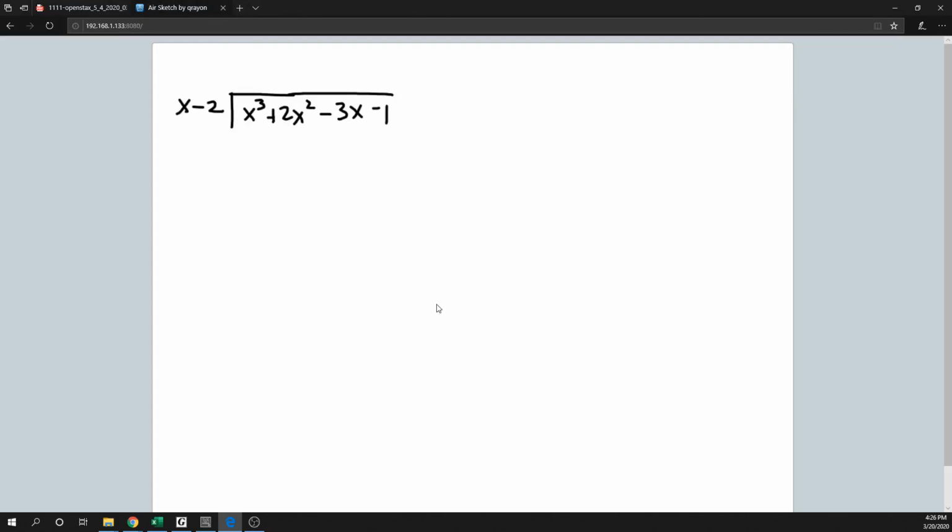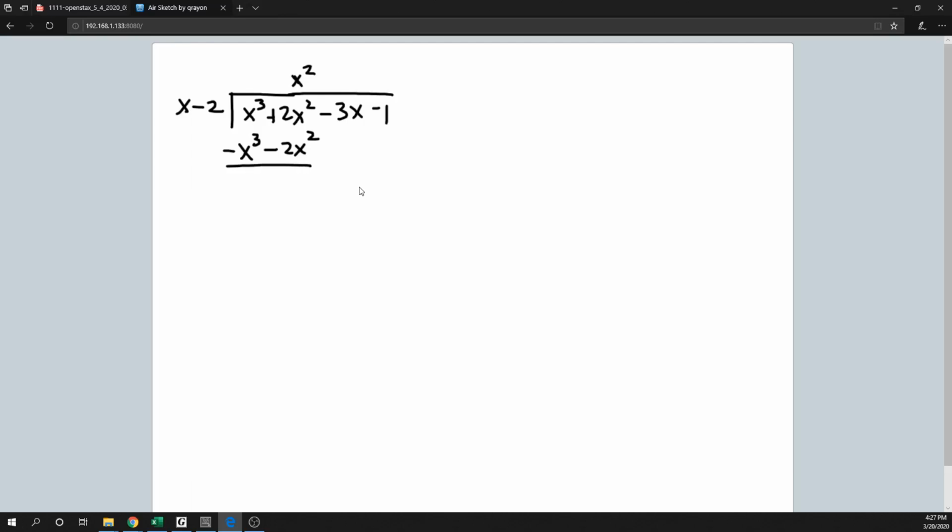So again, we just kind of repeat this cycle. We would ask ourselves, hey, what would we multiply x by to get x cubed? And that would be x squared, right? So I would put x squared up here, 2 terms deep, because this has 2 terms. And then multiply. X squared times x is x cubed. X squared times minus 2 is minus 2x squared. All right, next is subtract.